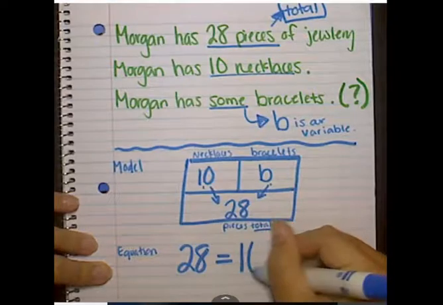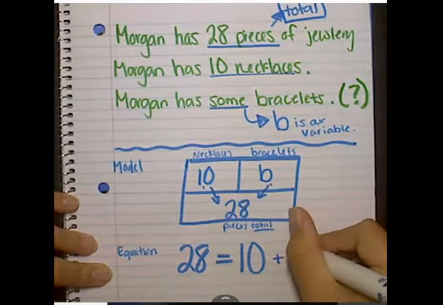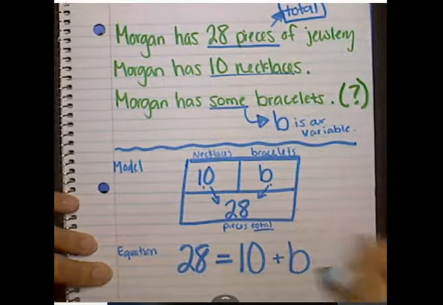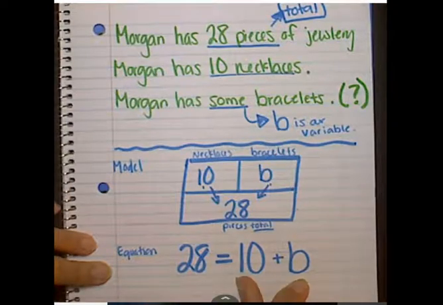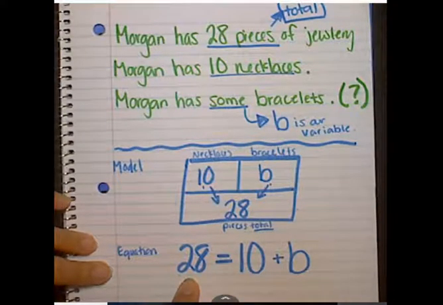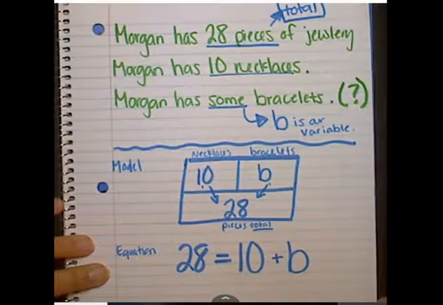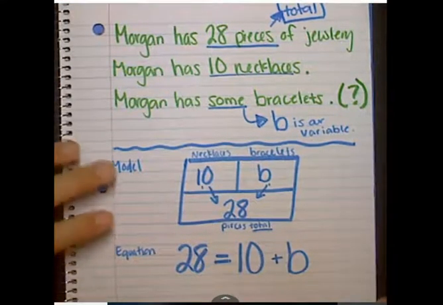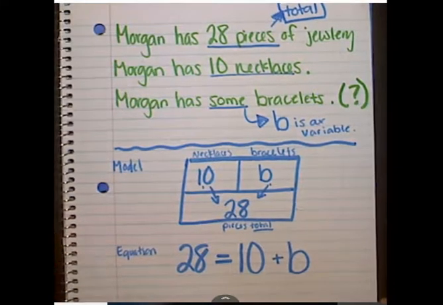So I'm going to write 10, and we're going to combine or add our bracelets. So if we combine our necklaces and our bracelets all together, it should equal 28. Now that we've done this, we are finished with our problem. We have found our model, we found our equation, and we're done.